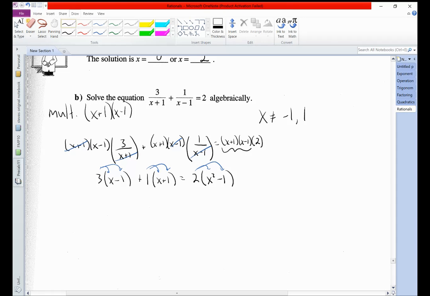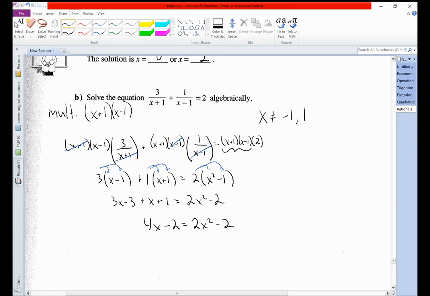So now I get 3x minus 3 plus x plus 1, which is equal to 2x squared minus 2. I can combine my like terms. So on the left side of the equation, I have 4x minus 2 is equal to 2x squared minus 2.